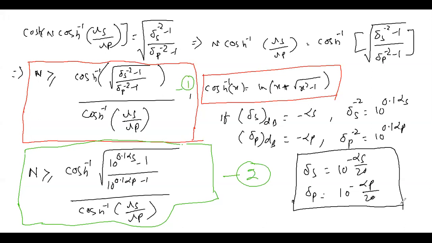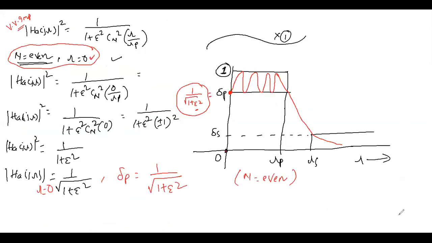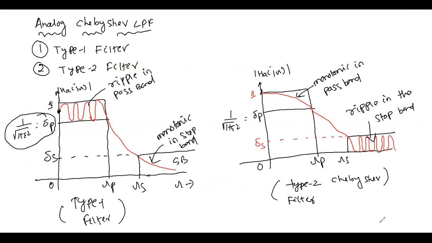Okay. Now again, just recall what we discussed today. We started with the analog Chebyshev low pass filter. This is of two types, type 1 filter and type 2 filter. What is the basic difference?